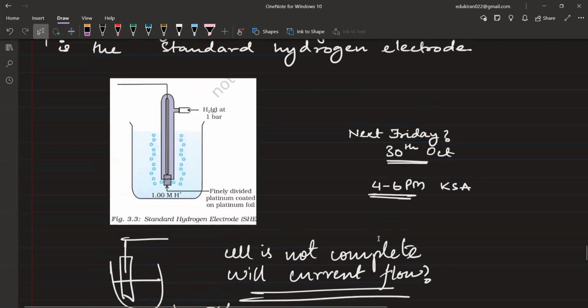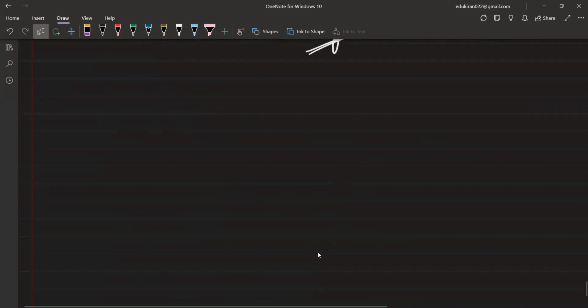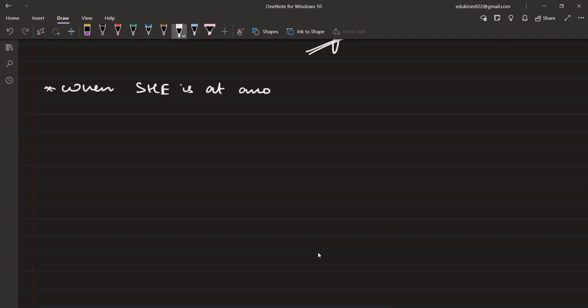Yes, sir. Now you have to write some reactions because standard hydrogen electrode लिख दिया हमने. तो please write, when standard hydrogen electrode is at anode. अगर हम जैसे फॉर एग्जांपल कॉपर के केस में स्टैंडर्ड हाइड्रोजन इलेक्ट्रोड कहाँ रहेगा? एनोड में रहेगा. तो क्या रिएक्शन होगा उस टाइम?